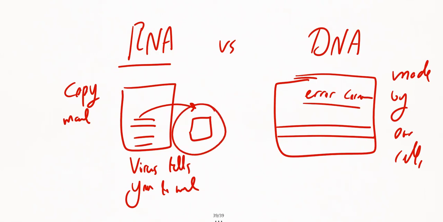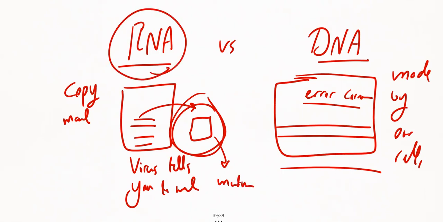So the copy machines of RNA viruses are poor man's copy machine because they are the DIY copy machine that you make at your home, whereas this one is the industrial level copy machine that you buy for thousands. So the DNA copying system is much more sophisticated because we use it, whereas the RNA copy system is very poor because the virus uses it and it's prone to mutations. That's why RNA viruses tend to be changing all the time.